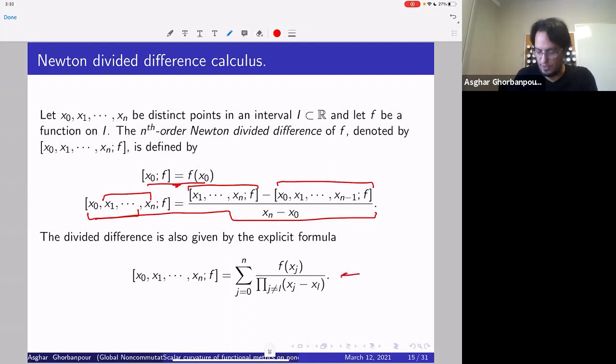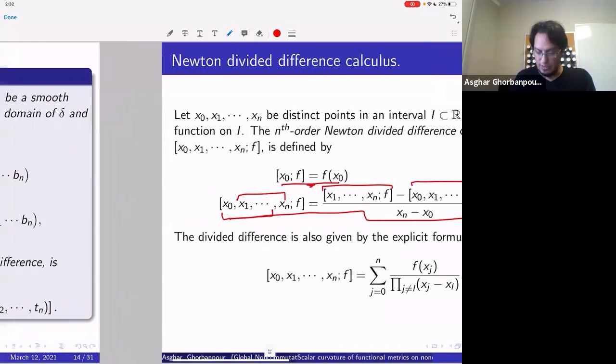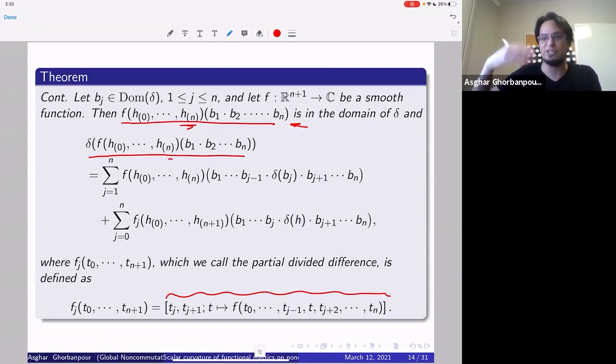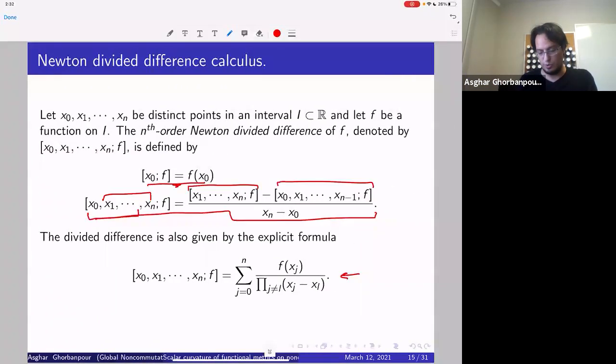There is an explicit formula for that, which is given by this. These formulas will become important for us because these terms already have higher Newton differences, especially if you repeat this process and apply the derivation another time and another time, you will get higher orders of this Newton difference.